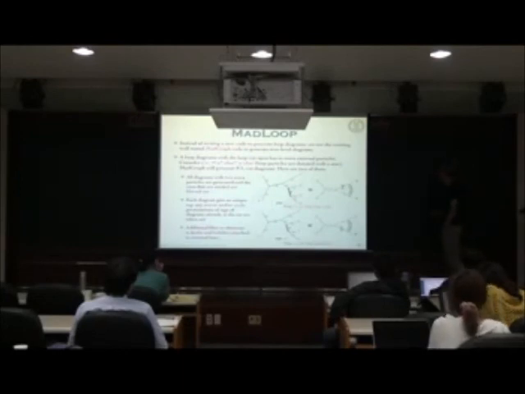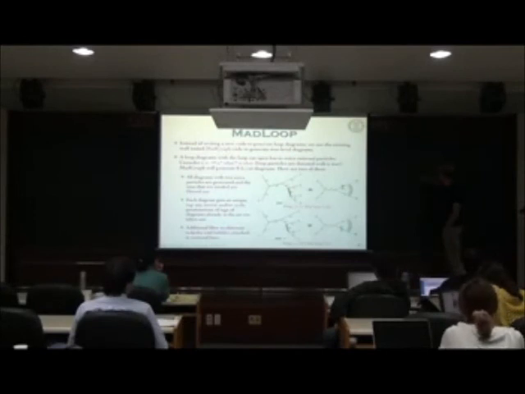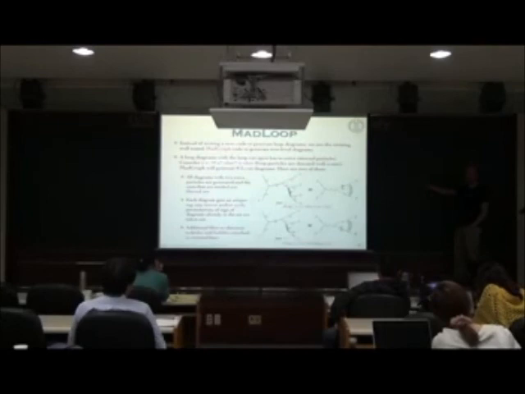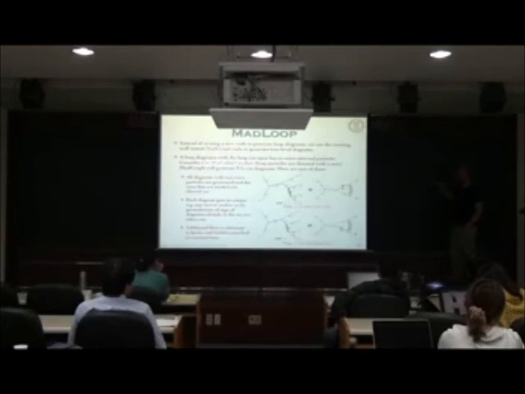We remove this line here, or parts of it, and then we get 2 extra external lines. And then it becomes just a tree-level graph. You get 2 extra external particles, but in the end it becomes tree-level. And this is something MadGraph can do very well, tree-level stuff.